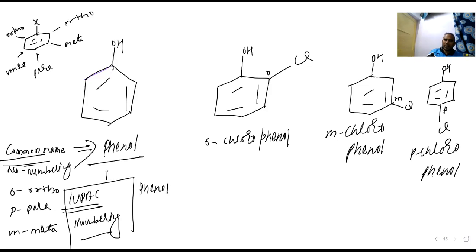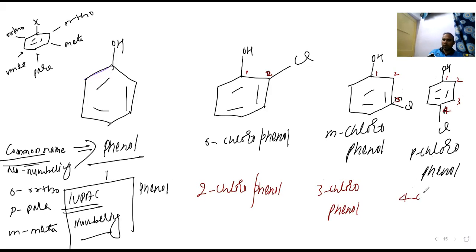If you want to write the IUPAC name of this one, here is 1, this is 2, so it will be 2-chlorophenol. For this one, 1, 2 and 3, its name will be 3-chlorophenol. And here 1, 2, 3 and this is 4, so its name will be 4-chlorophenol.